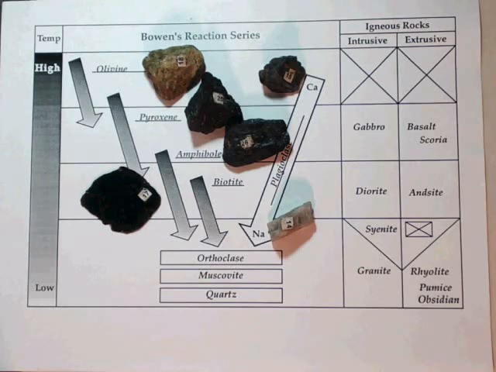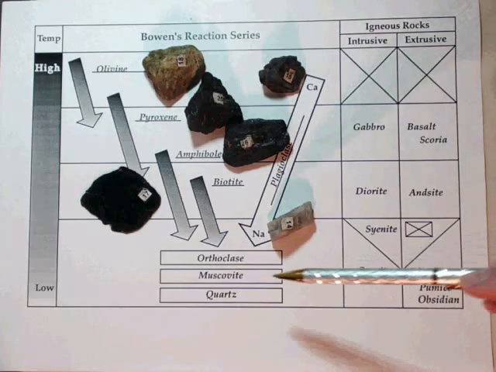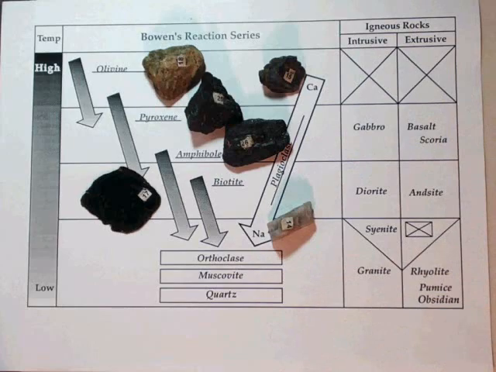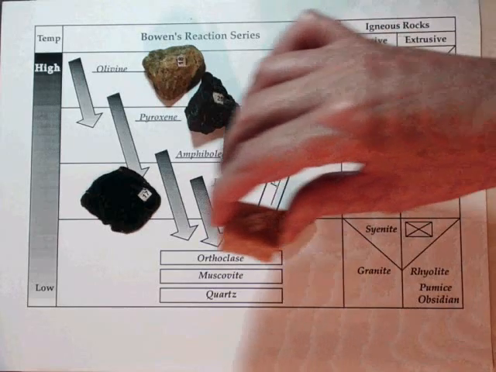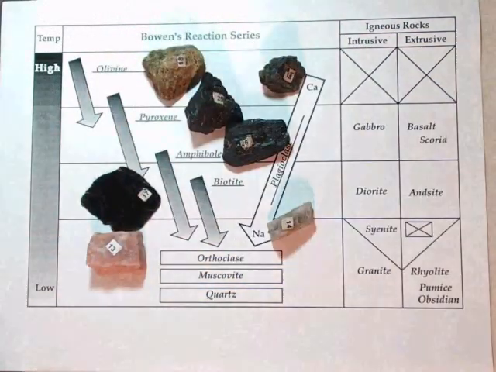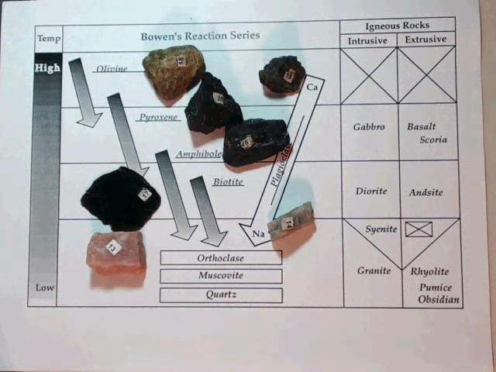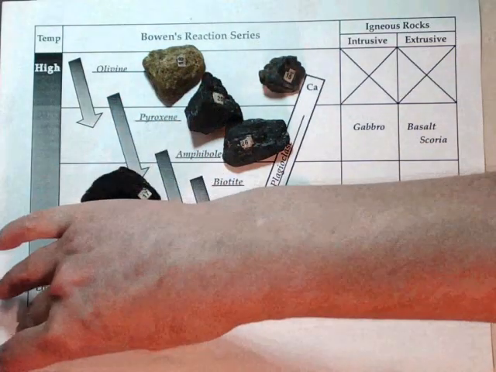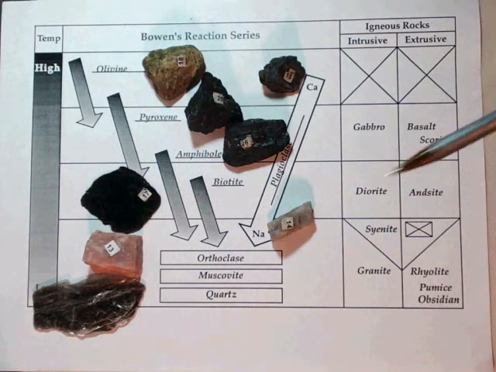Followed then by the feldspar. This one is the orthoclase feldspar. Okay, let me grab that one. That was like number 13 out of your tray. Remember that one. And then the next one down, as temperature continues to cool, we have the muscovite mica, another sheet silicate.